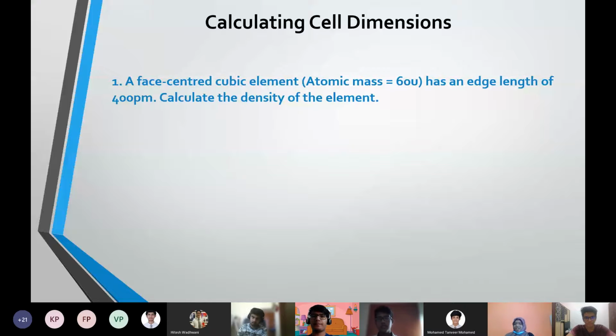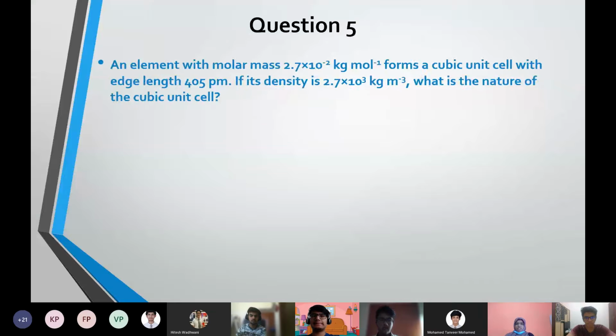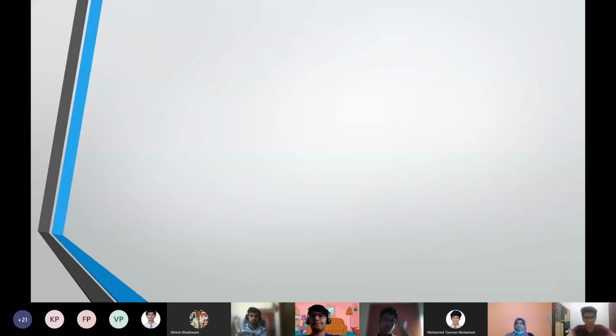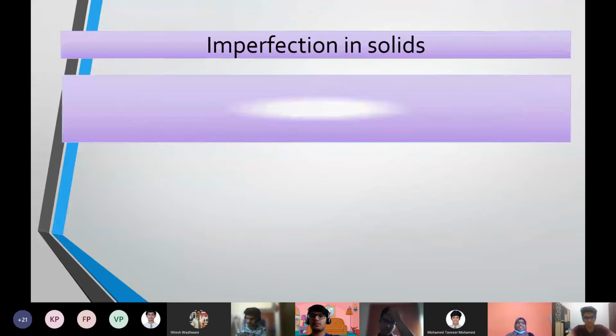So the last and the final topic of this chapter is imperfections, because all this time we were discussing how particles are arranged in a solid, that is about the arrangement, how perfectly the particles are arranged in layers: one dimensional close packing, two dimensional, three dimensional close packing.